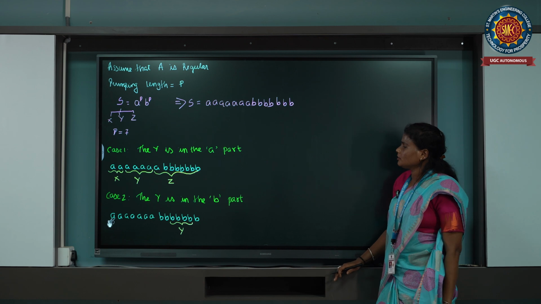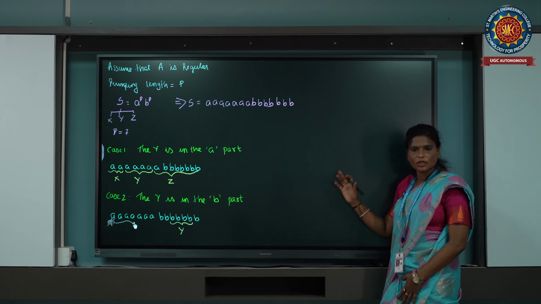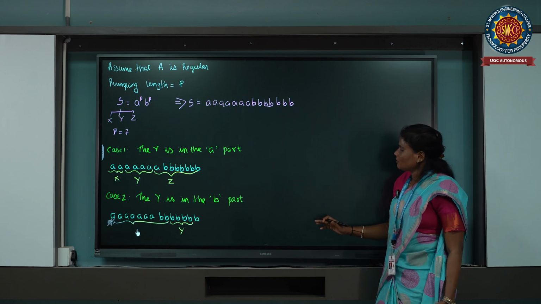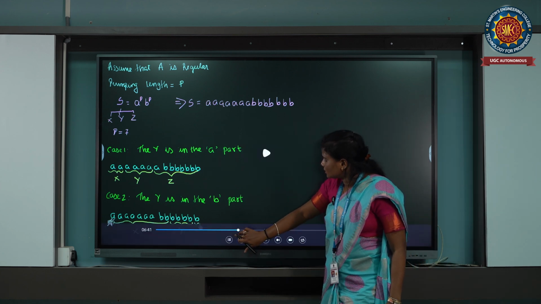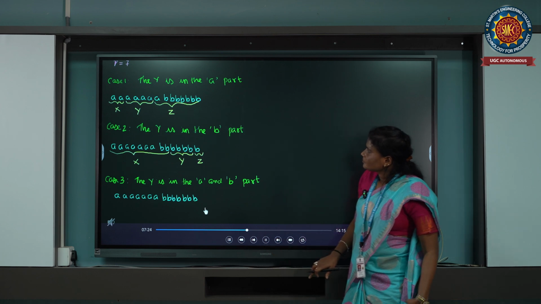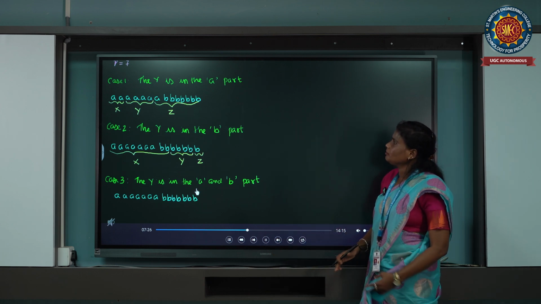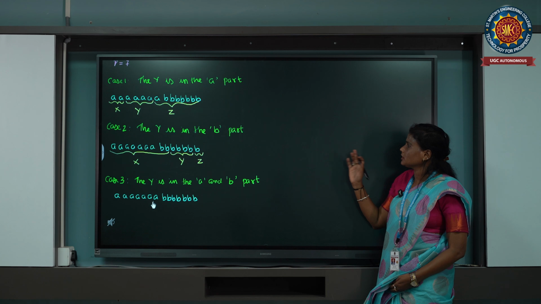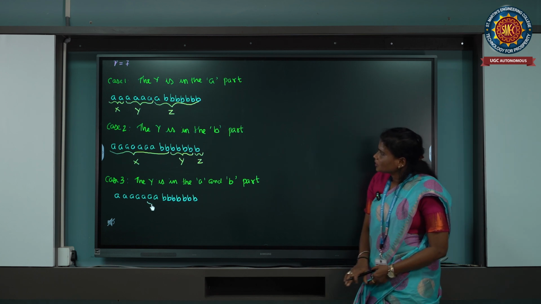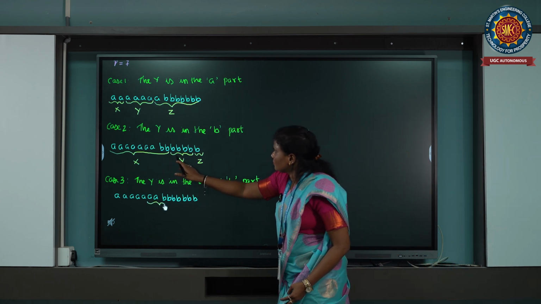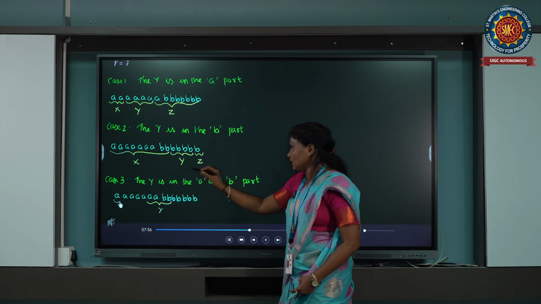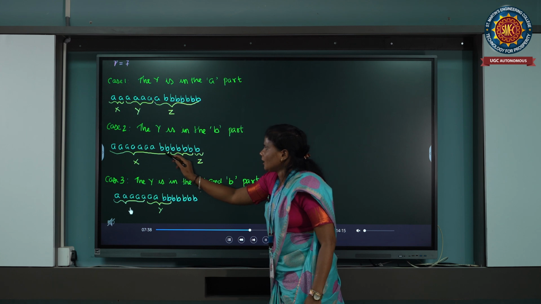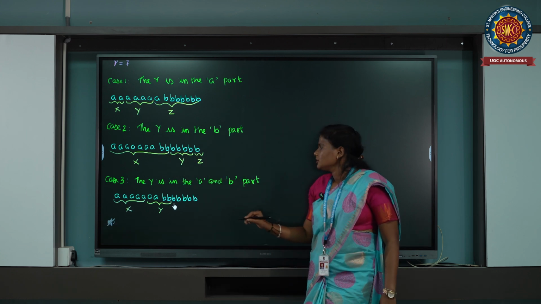So this string does not come under the regular language. Then the second condition is where Y is all B's. Here I am taking 4 B's as Y and 1 B as Z, and all the rest of the A's and 2 B's as X.